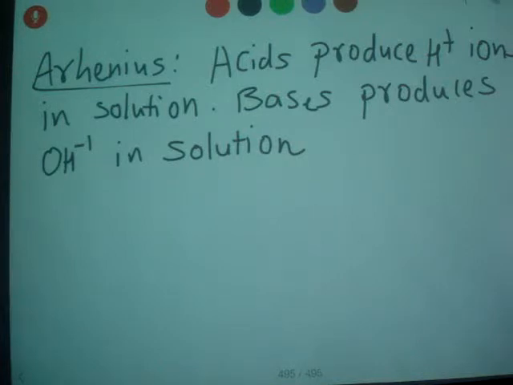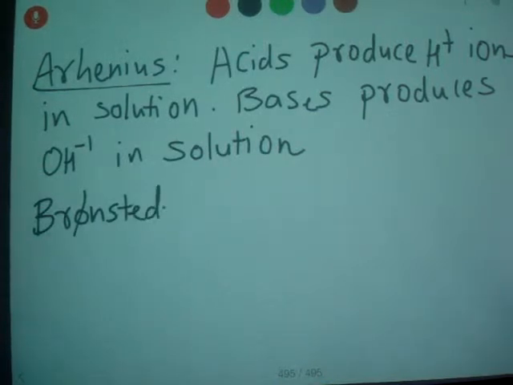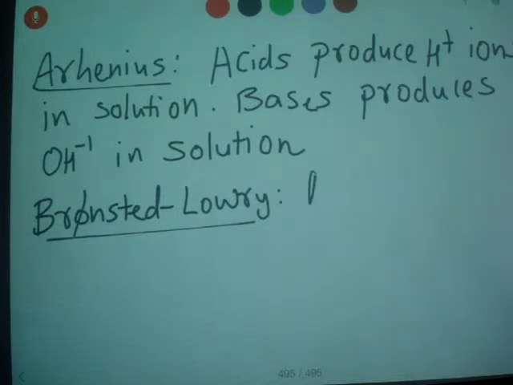Now then, Bronsted-Lowry, he defined acid and base.